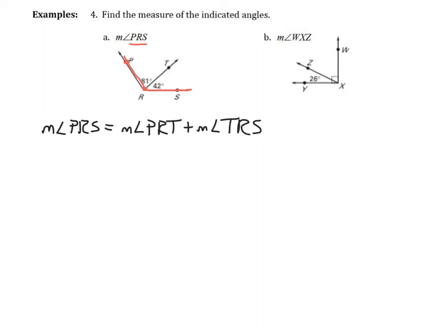So now what I'm going to do is replace these with what I know. PRT is 81 degrees. TRS right here is 42 degrees. And if I add those two up, I'm going to get 123 degrees, which is equal to the measure of angle PRS.